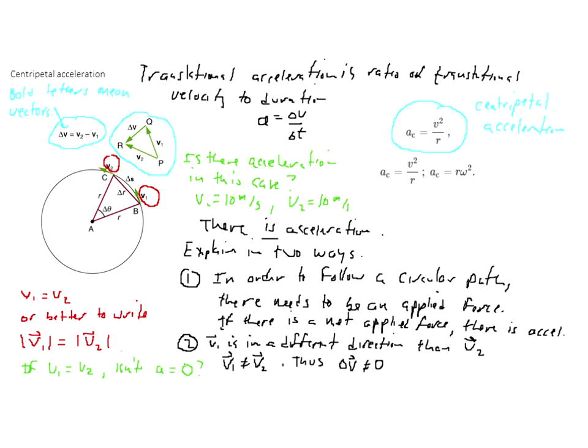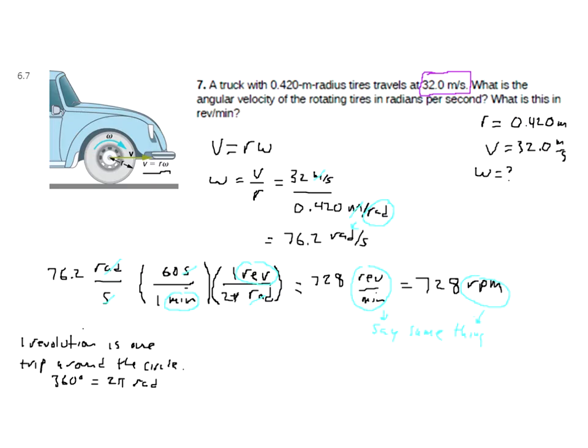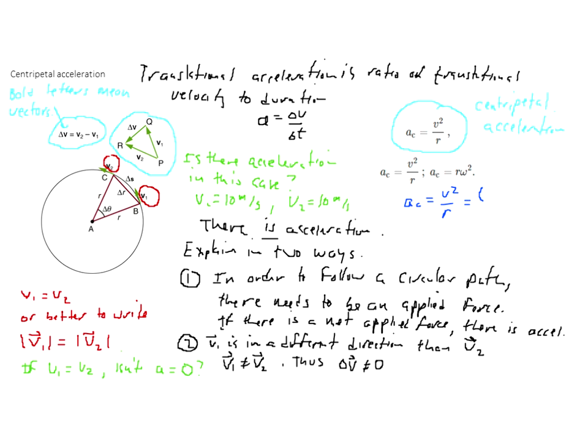So let's just quickly look at one iteration of the formula. So a sub c equals v squared over r. But from a previous page, we see that v equals r times omega.